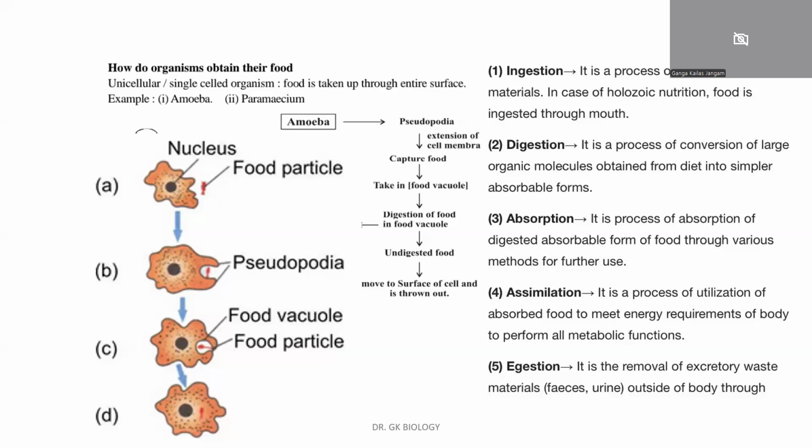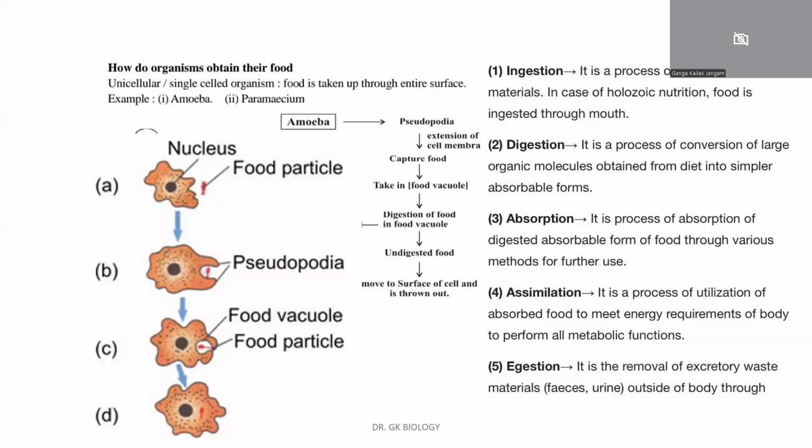Are we using that waste material? No, we only use the sugarcane juice to get energy. And here also, the food which is broken down into the simple form is utilized in assimilation, but the undigested food, in unicellular organisms and in animals like us, is very dangerous in our body. It has to be eliminated from the body. That happens in the form of egestion. Egestion is nothing but the removal of excretory waste, or we can call it undigested waste.